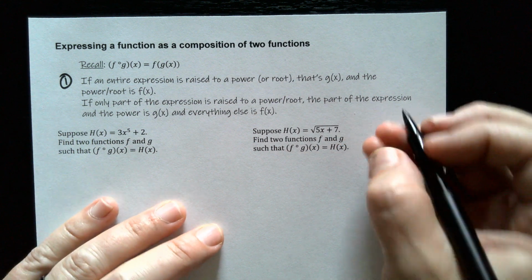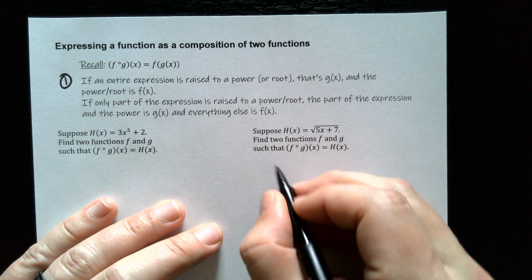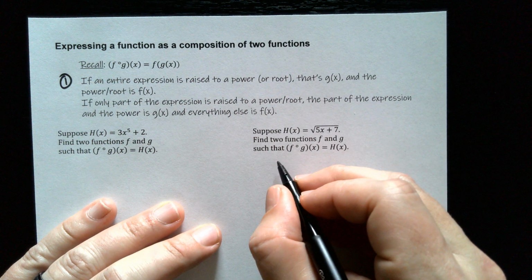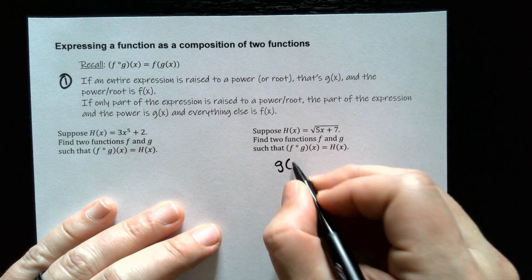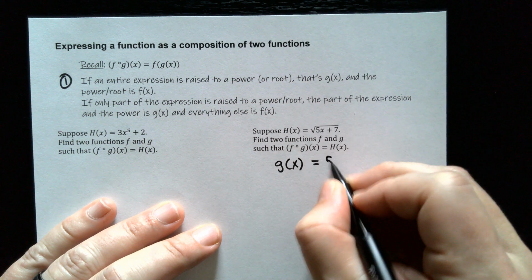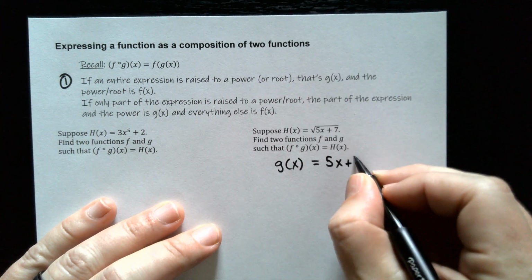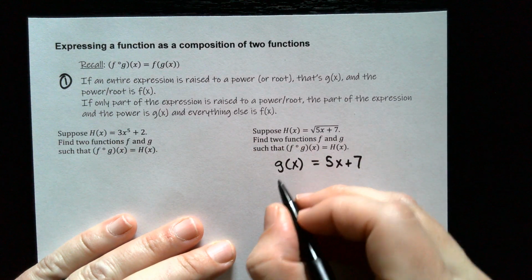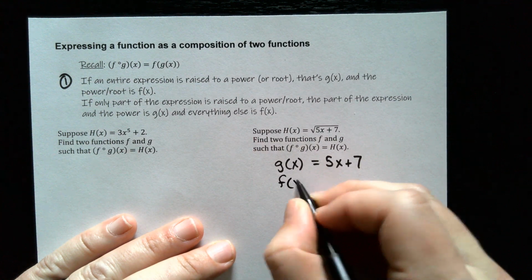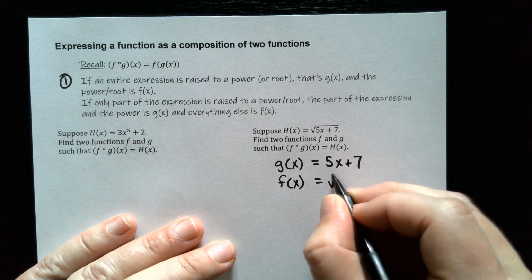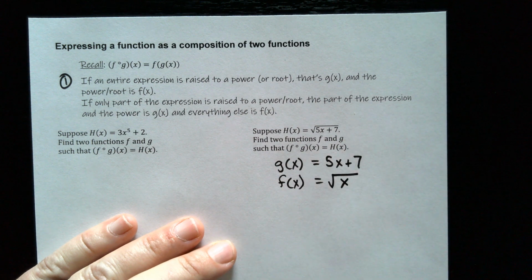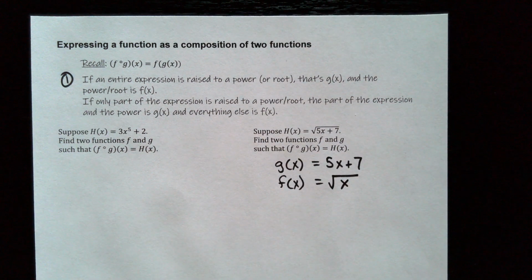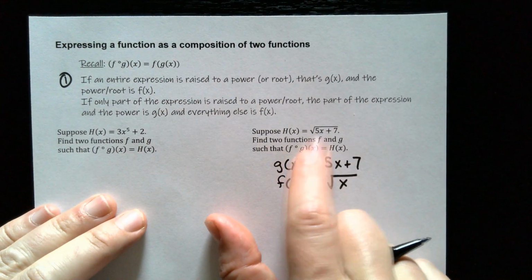So what I mean by that is that g of x is going to be 5x plus 7, and our f of x will just be square root of x. Now to make sure this works, let's compose them and see if we get the answer.